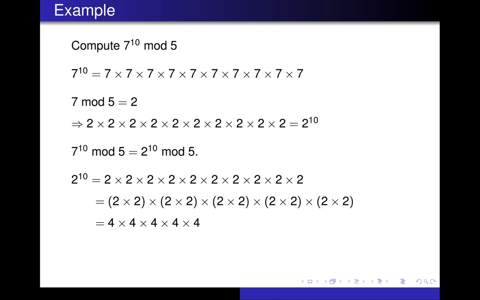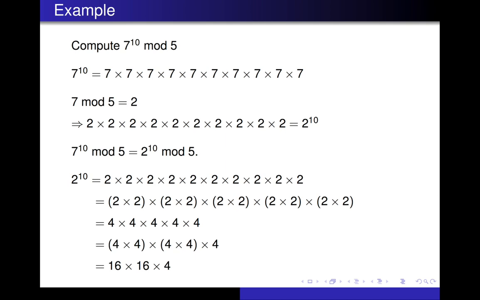So that makes the exponentiation a little bit smaller. The problem is we still have the same issue as before. We can't replace 4 with 4 mod 5, because 4 mod 5 is just 4. However, if we play the pairing game again, we get a pair of 4s, another pair of 4s, and then a singleton 4 left over, and then we end up with 16 times 16 times 4, which hopefully is going to be a little bit more manageable.